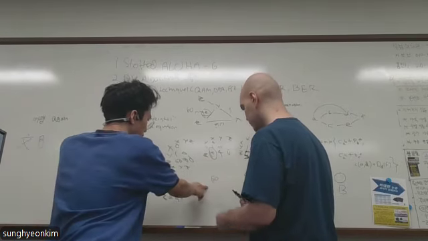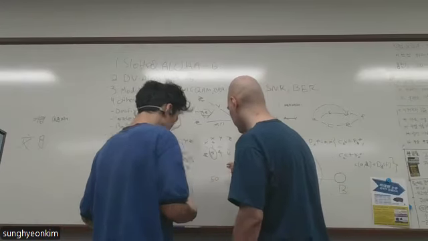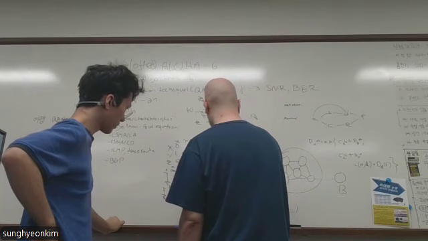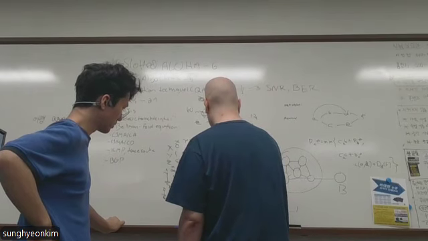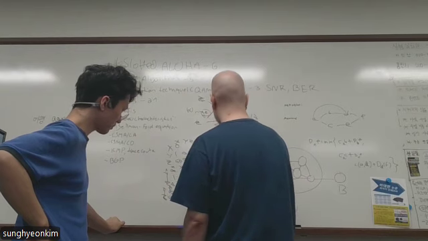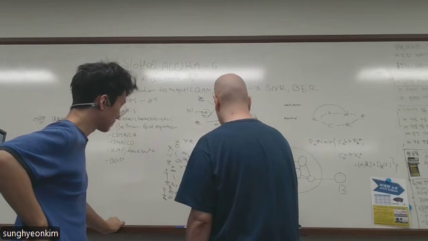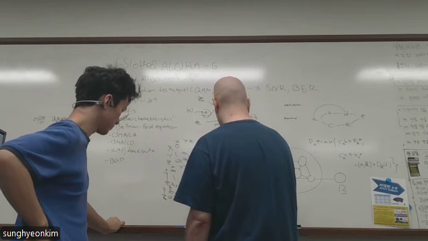Okay. Can you draw the full diagram here? Yeah, sure. Wait, hold on. So by X to Z, it would be 50 and 4, 0.